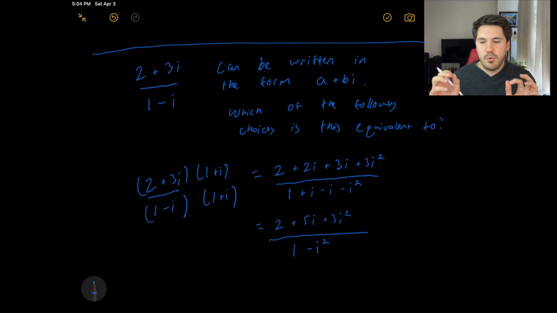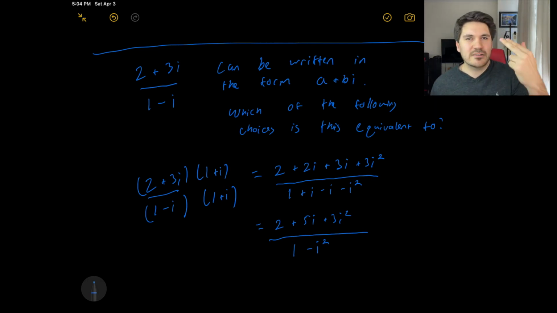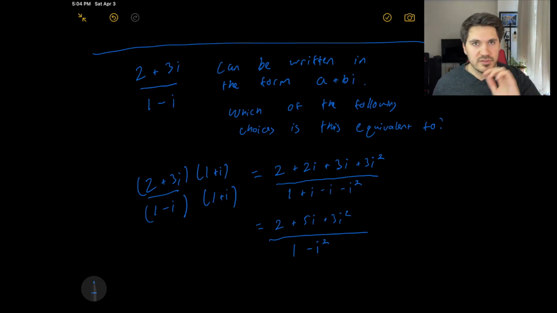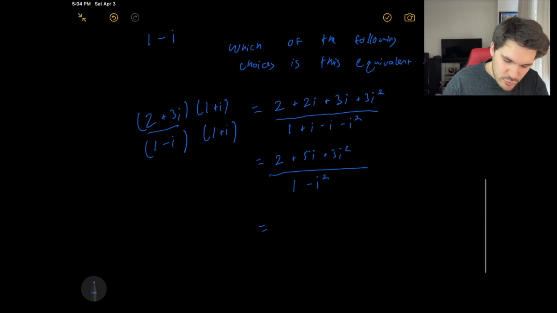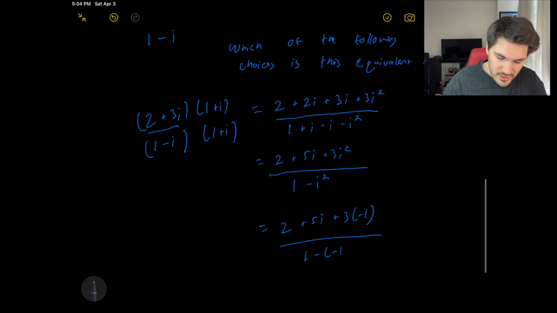Now at this point, remember, i squared is equivalent to -1. The i's we just leave by themselves. Never replace them with a square root of -1. So this gets us 2 plus 5i plus 3 times -1 over 1 minus -1.